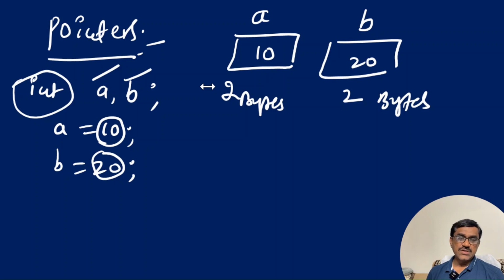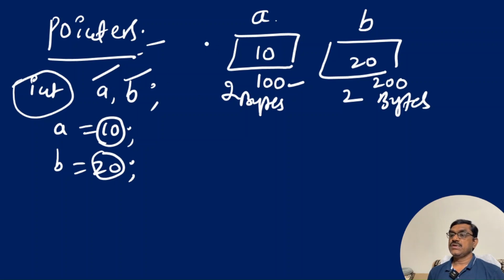Generally the addresses are denoted using hexadecimal number notation, but for simplicity I'm writing some integers like 100 and 200. Now assume, for understanding purpose, the address of a is 100 and the address of b is 200.